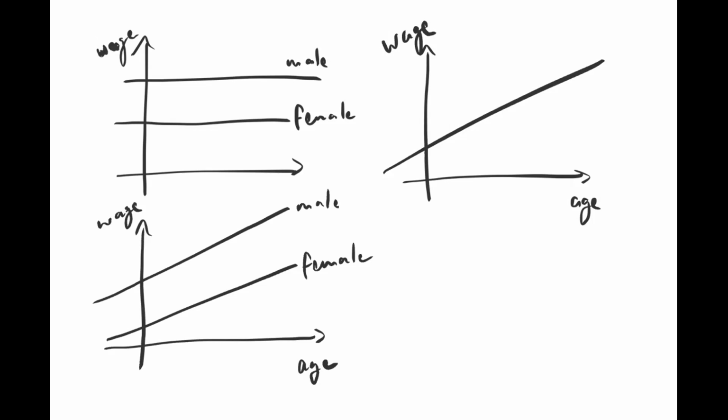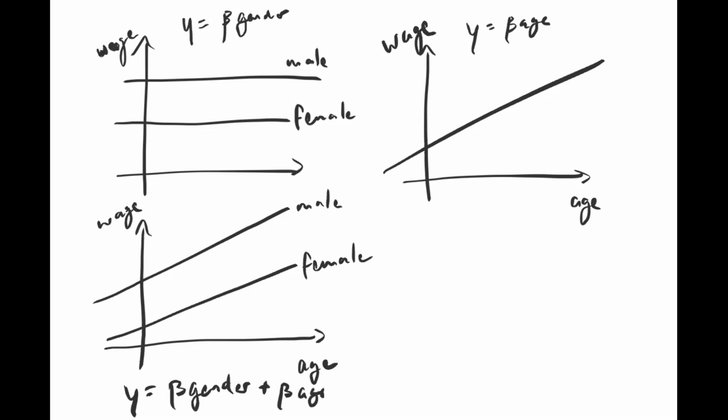So this would be y equals beta gender. This is y equals beta age. This one would be y equals beta gender plus beta age. And now you might think to yourself, well, what if the slope between male and female for age is different? So that's referring to maybe something that looks like this.